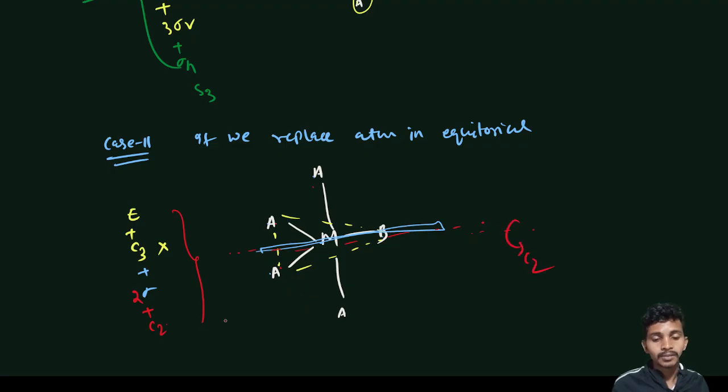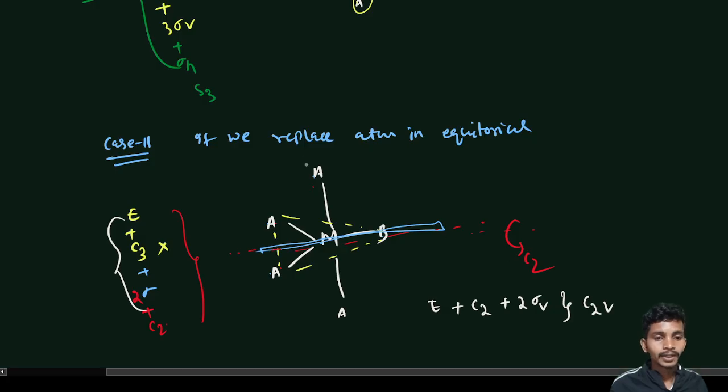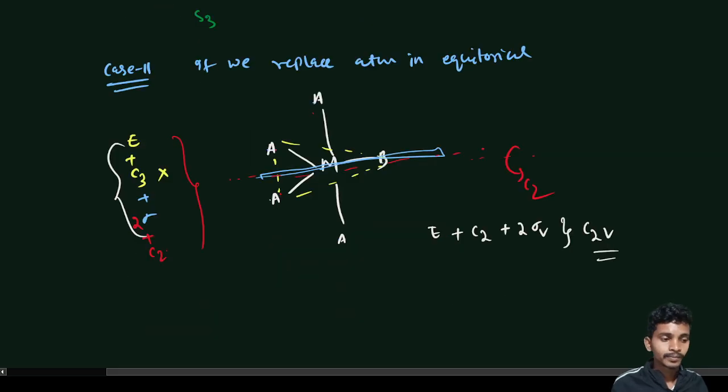So sigma h is absent. So what are the symmetry elements? E is there, plus C2 is there, plus 2 sigma v is there. So this is the point group C2v. So if we replace one atom in the axial position, then the point group changes from D3h to C2v.